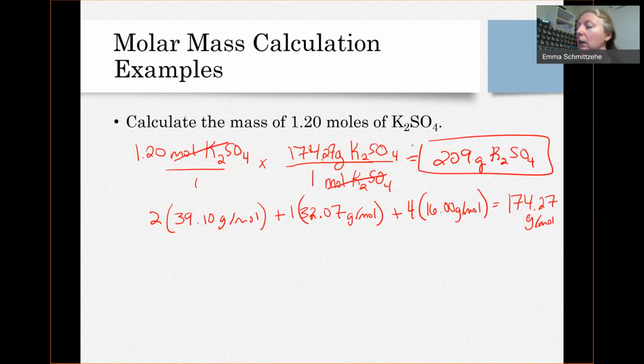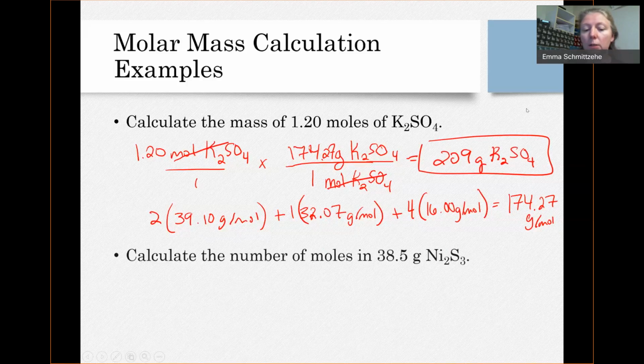Okay, now let's do another one. This one says calculate the number of moles in 38.5 grams of nickel 3 sulfide. Okay, so I'm going to start with my 38.5 grams of nickel 3 sulfide.